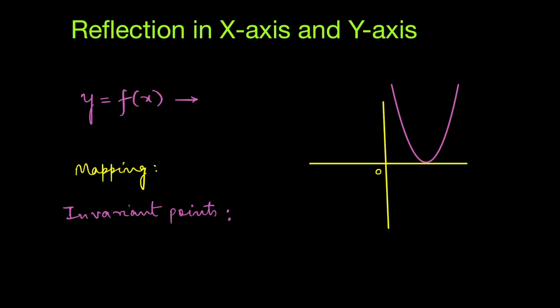Now taking another graph. First again we have to find reflection in x and y axis both. So how will the equation be? I'm writing y is equal to minus f of minus x. So it will be negative before f and with x. Mapping will be again (x, y) will change to (minus x, minus y). So first we try to draw this. First we can reflect it in the x-axis. So when we reflect it in the x-axis, it will look like this.